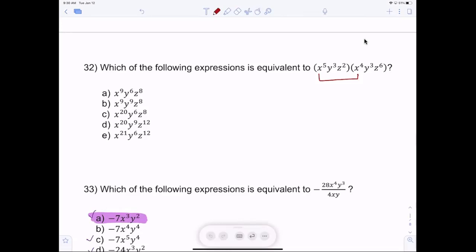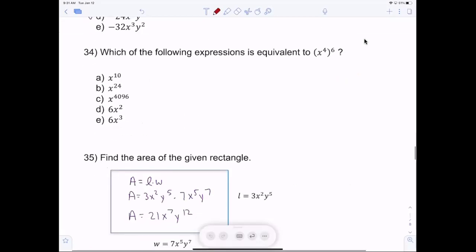What is the rule? When you multiply, what do you do with exponents? You add them. All right, that might be something you put on the test tomorrow. Multiply variables, you add the exponents. When you divide variables, subtract the exponents. When the exponent is negative, you move it. Power to power is multiply. Those are the rules. So again, what's x to the 5th times x to the 4th? X to the 9th. So I know it's not E, D, or C. Now do the y's. It's y plus 6. Right. So the answer has to be A.